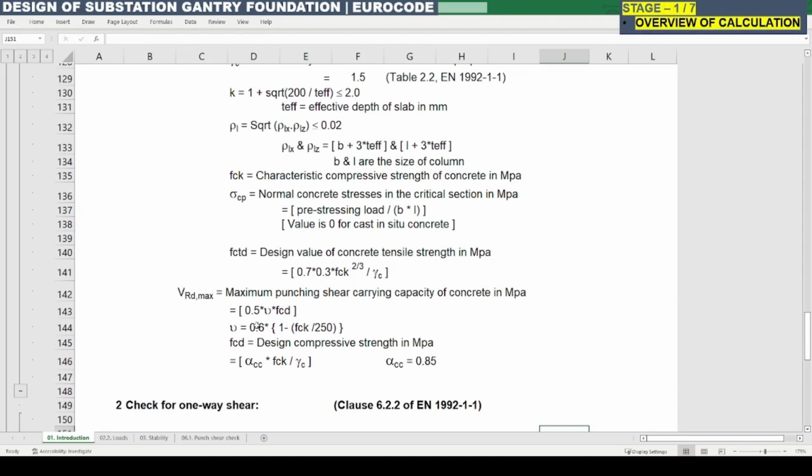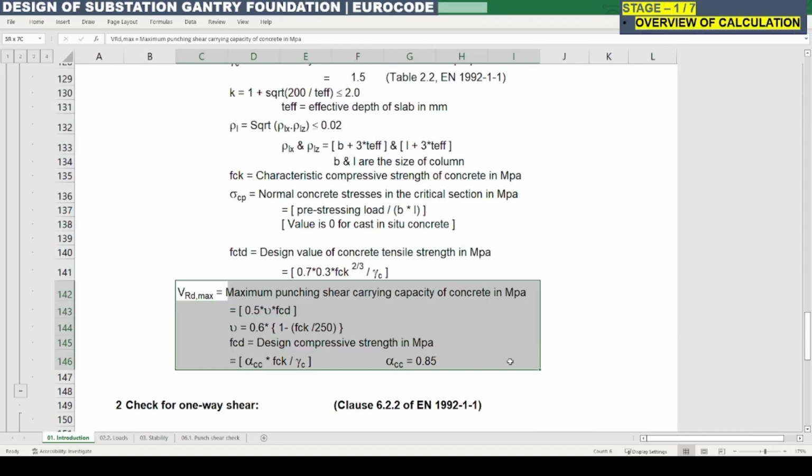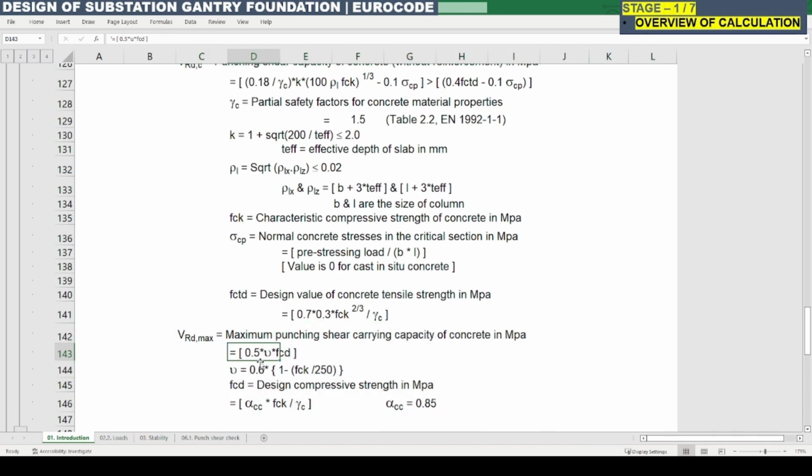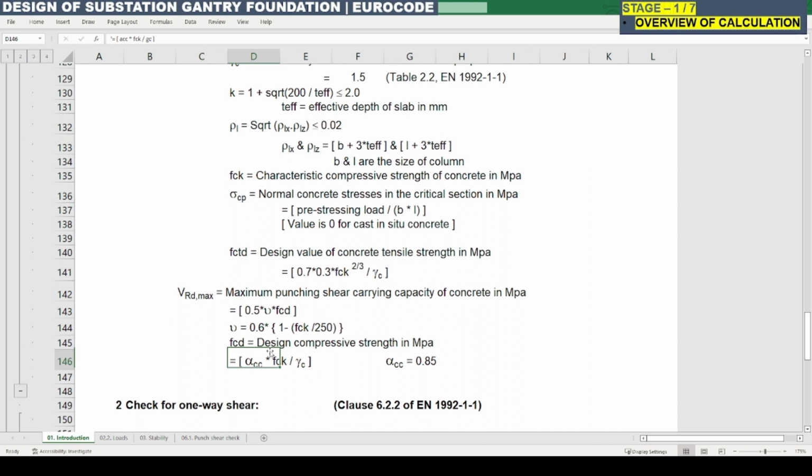So this is the equation to find the VRD max, that is the maximum punching shear carrying capacity of concrete. 0.5 v FCD, where v equals 0.6 into 1 minus FCK divided by 250, and FCD is the design compressive strength in megapascal.